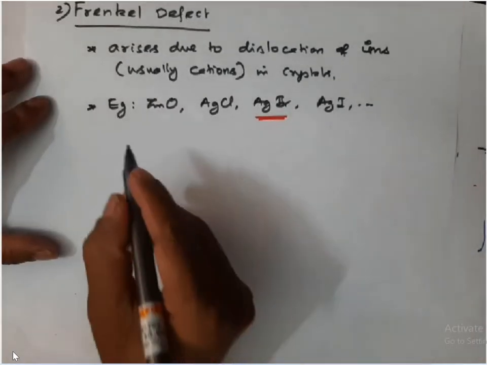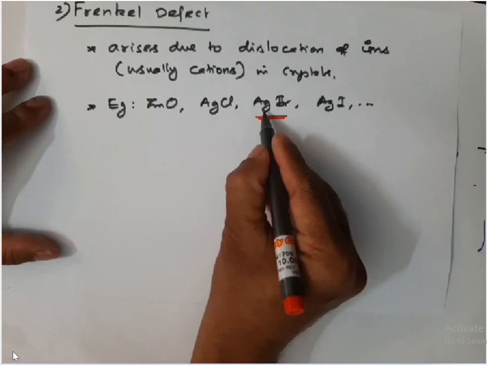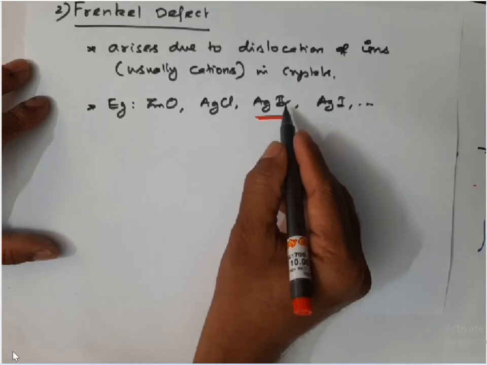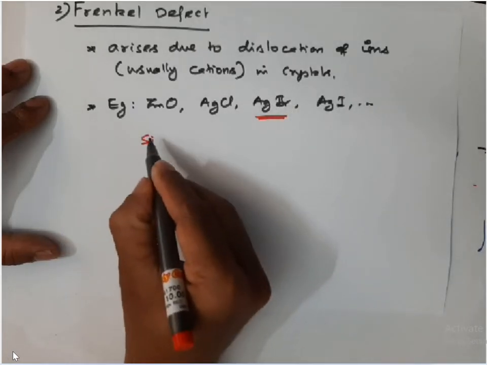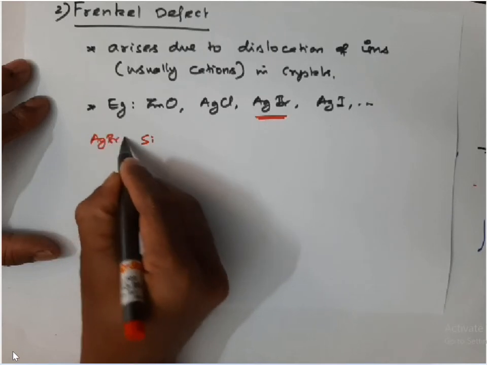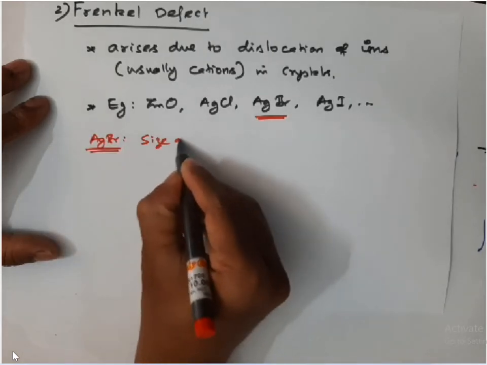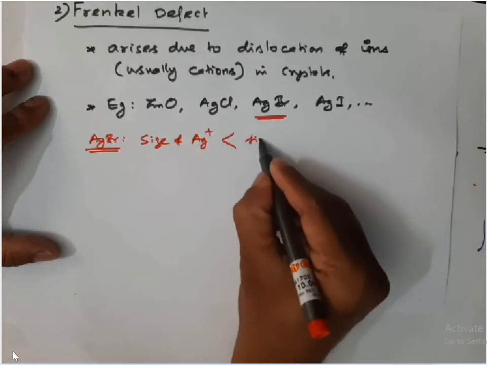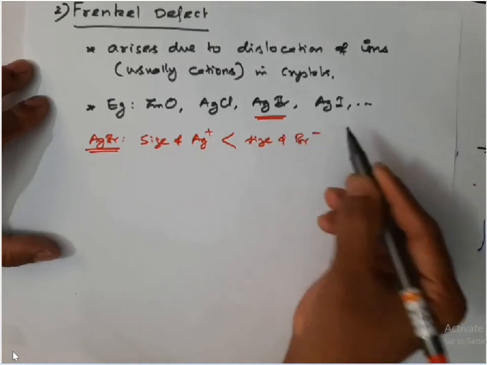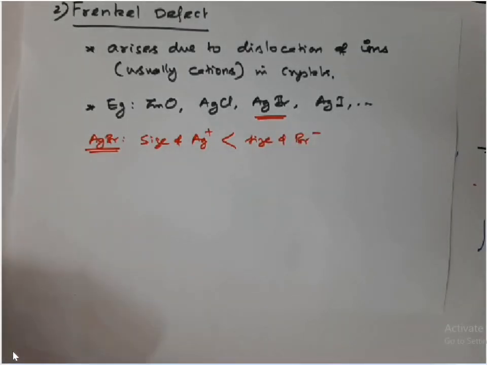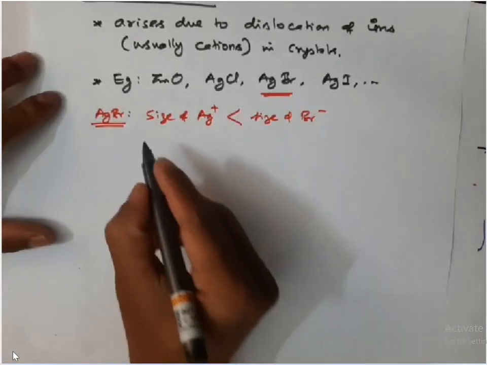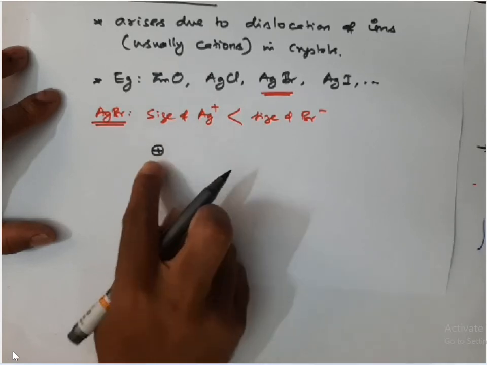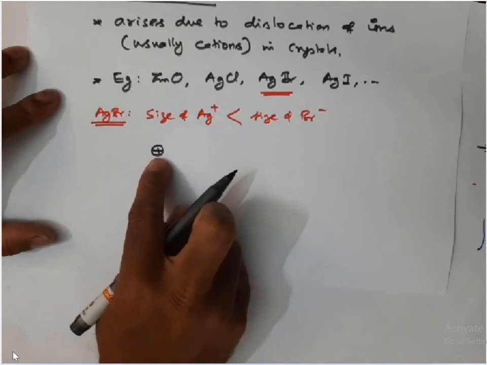In silver bromide, listen, the size of the silver ion, Ag plus, is small compared to the size of the bromide ion. Students, listen carefully here. In the silver bromide ionic crystal, the smaller silver ions are shown with a positive circle.